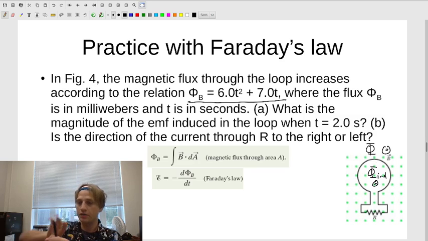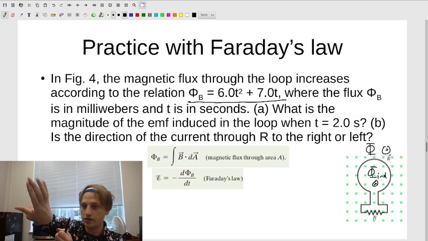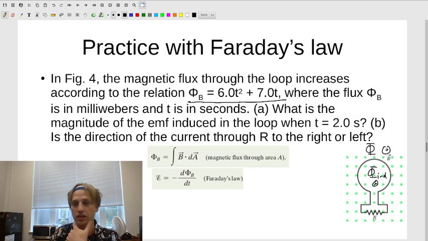Okay, so because of that, I can put my thumb in that direction and try to figure out what direction my current is flowing. So it's going like this, and I have to be consistent here, and there it is. So it asks, is the direction of the current through R to the right or to the left? In this case, it would be to the left.